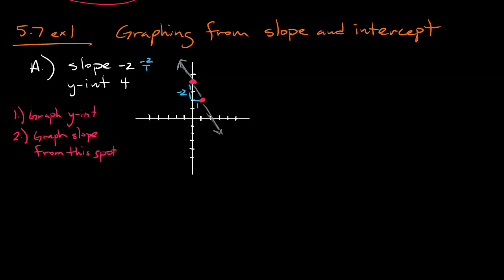If you decided to put that negative symbol on the bottom instead, that would mean you would go up 2 and then to the left 1. So you'd actually still end up at the same line. So you definitely could do that. It's just right and left matters whether it's positive or negative.